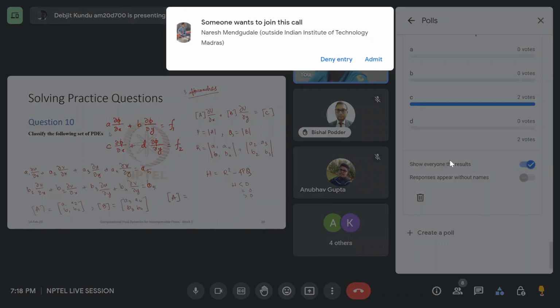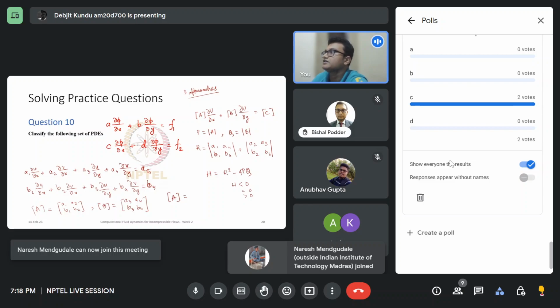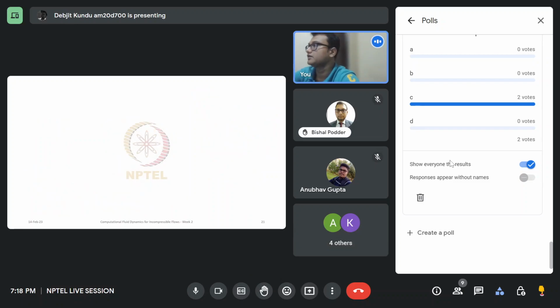So basically, there's a mistake here. So I'll write this out. It's not working. Anyway, let me reframe the question. So I have A ∂φ/∂x plus B ∂ψ/∂y equal to some f1, and then I have C ∂φ.